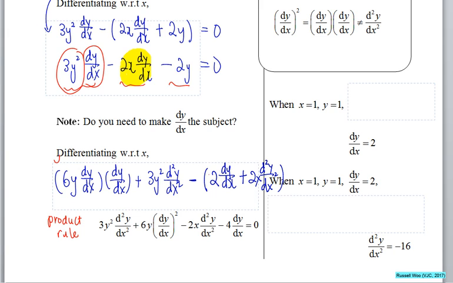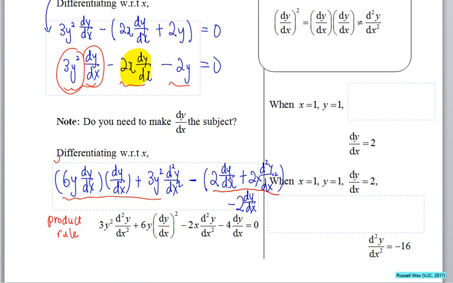Minus 2 dy dx, because differentiating y one time, you get dy dx. That is this whole line. Product rule is applied here, product rule is applied here.